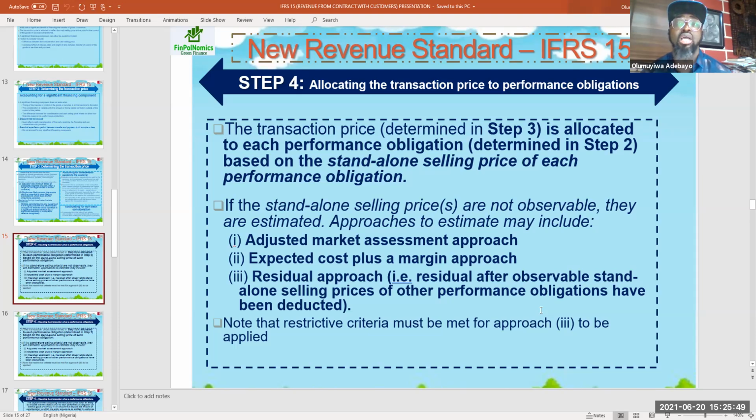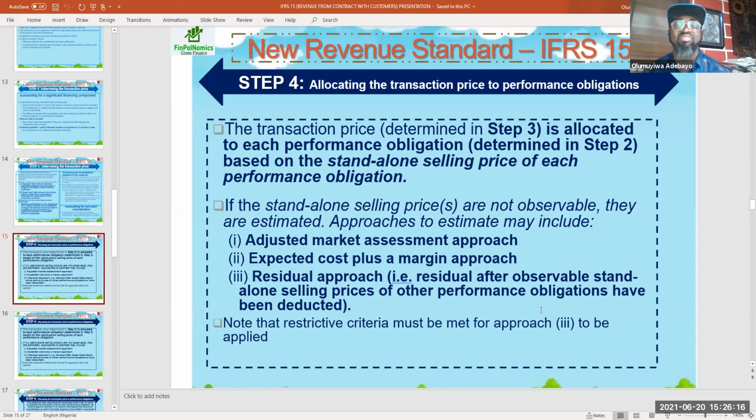The second option that can be used where the first option might not be available or not appropriate is to use the expected cost plus a margin approach. What does that mean? The entity will look inward to say, these 2 performance obligations, what will it cost me to deliver them?